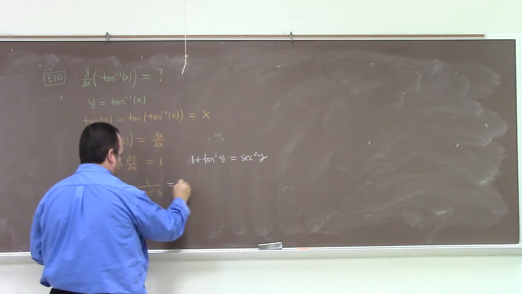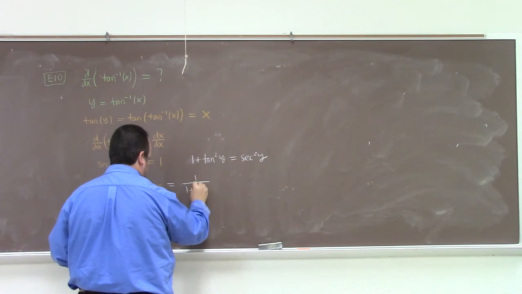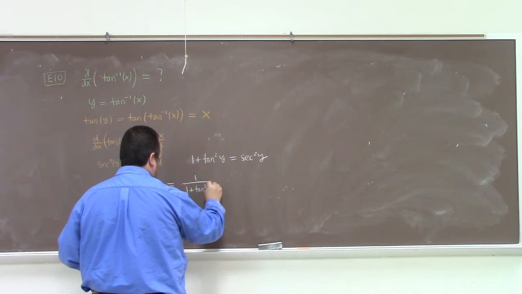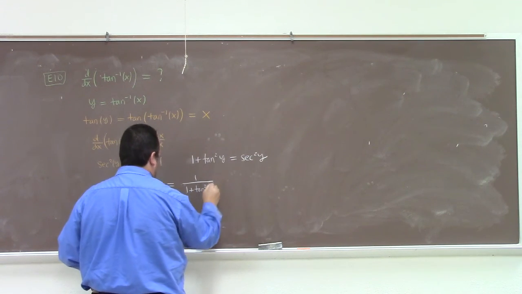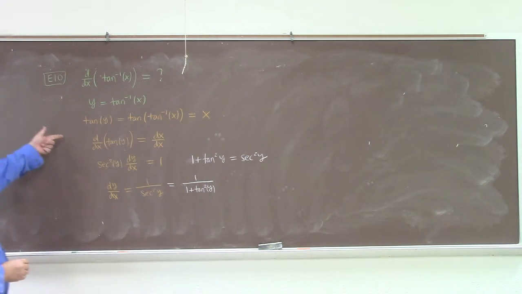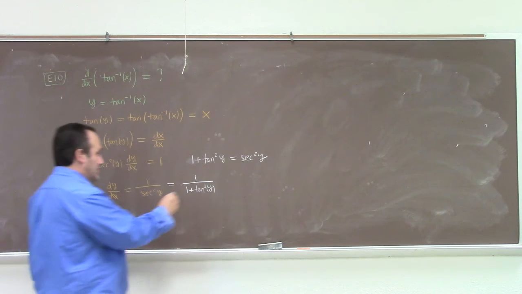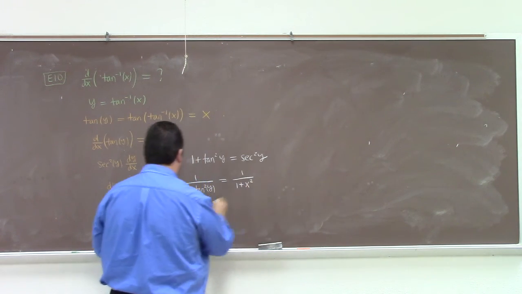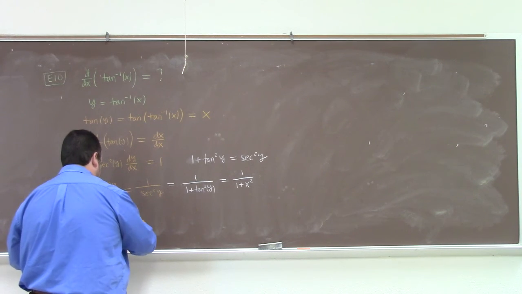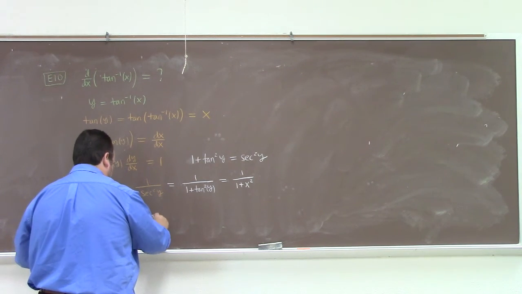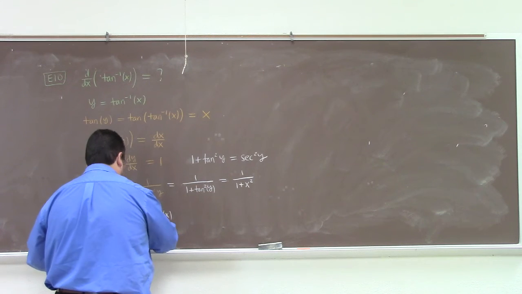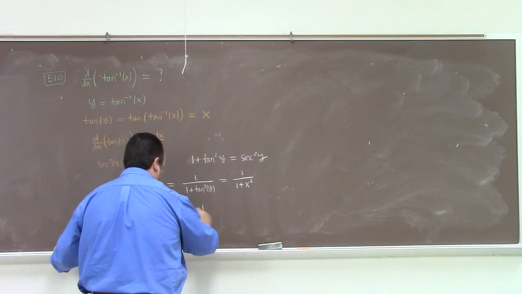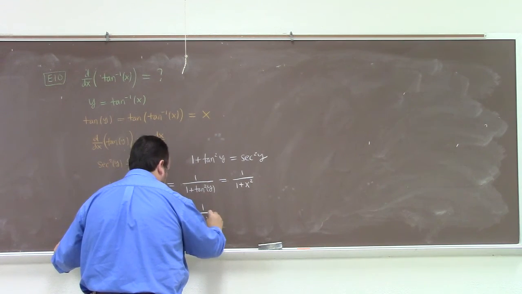So you see this is 1 over 1 plus tangent squared y. But what is tangent squared y? Tangent squared y is x squared, because tangent of y is x. So this is 1 over 1 plus x squared. And so thus we derive the derivative with respect to x of the inverse tangent of x is 1 over 1 plus x squared.